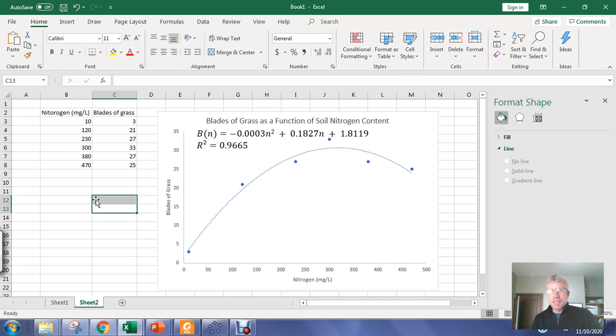The next step is to look at the key features of the graph, the intercepts, the vertex, and interpret the meaning of those things. To do that, I'm going to shift back into PowerPoint, where I've already recorded the quadratic model that Excel gave me.